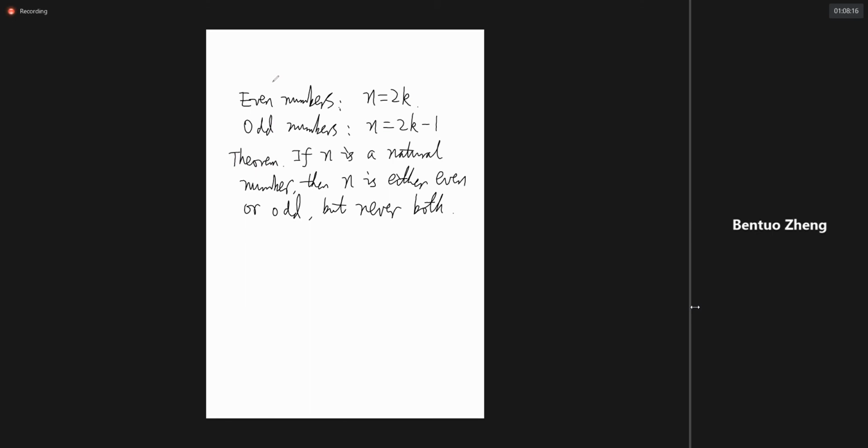Okay, so this theorem tells us that once we have a natural number, it's either even or odd, but you cannot have a natural number which is both even and odd.